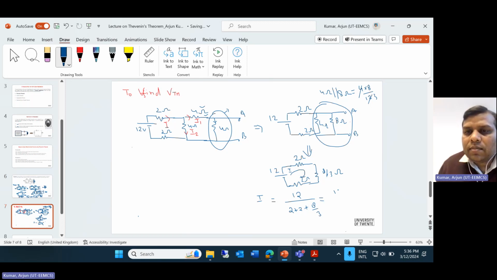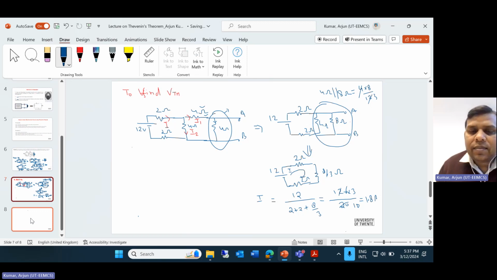So it will be 12, it will be 20, and the bottom is 3. Okay, so if you simplify this, it will be 10 and this is 6, so it will be 1.8. So now you have a 1.8 ampere current. So the total current in this circuit is 1.8 ampere.